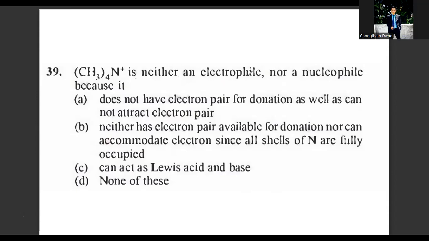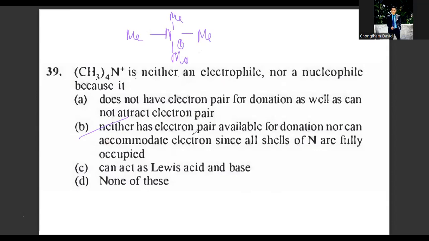We have seen here nitrogen with 4 methyl groups and a positive charge. So we have to say it is complete. Hence, no electrophilic character is going to be present, and nitrogen has no unshared pair of electrons to act as nucleophile. So B is the answer.